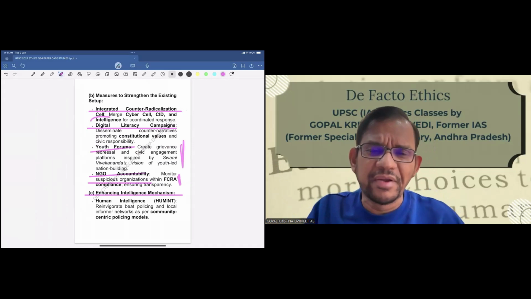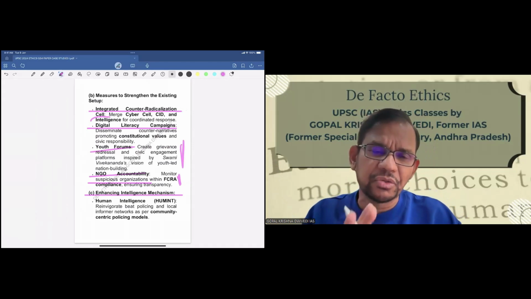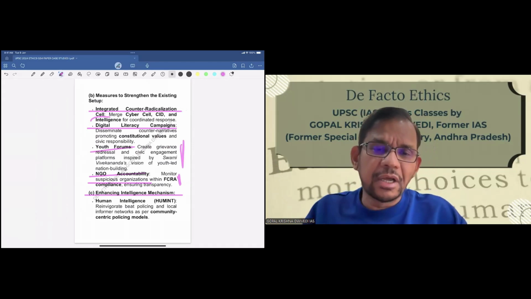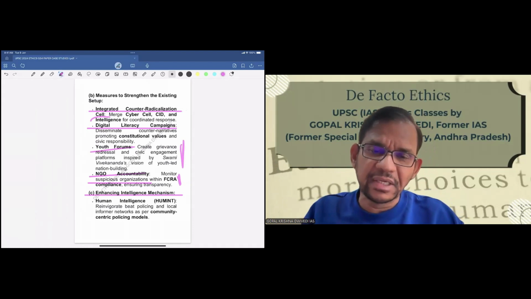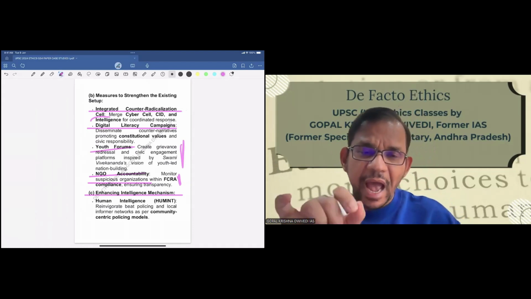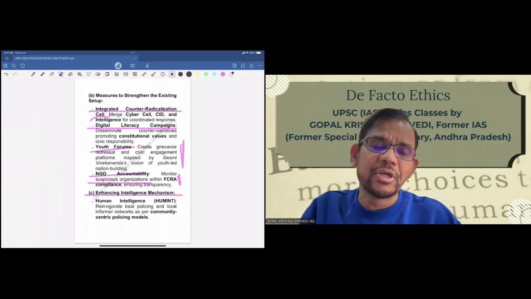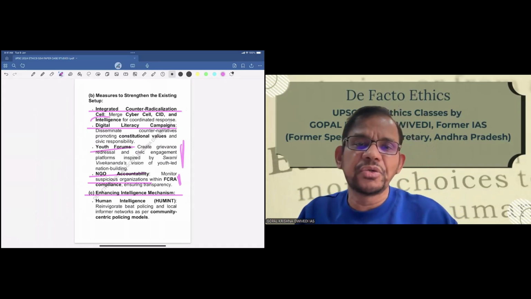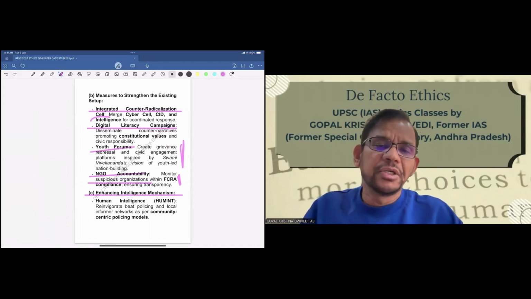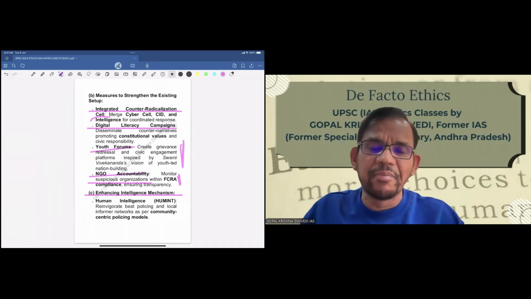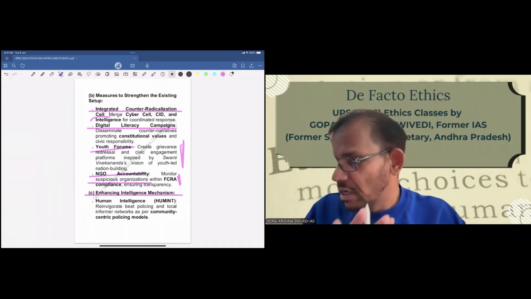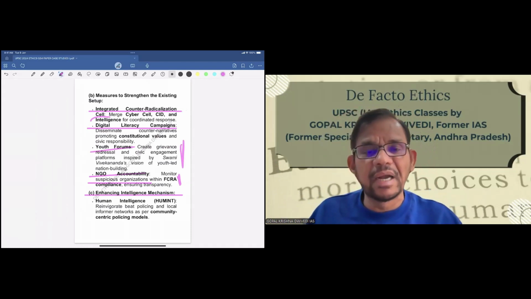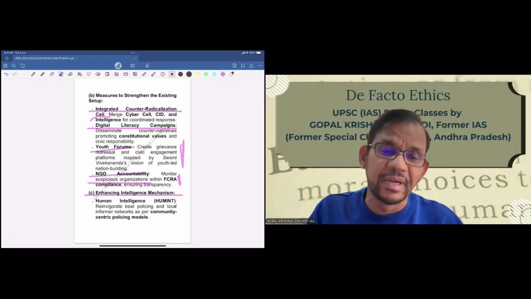You cannot deviate; the directive of this question is very clear, so your answer also has to be to the point, focused. If they are asking about enhancing the intelligence mechanism, you have to reply to that extent only. If in part B they are asking for measures to strengthen the existing setup, you have to reply to that extent only. You cannot write each and everything. So now let us see what can be done by the DGP for enhancing the intelligence mechanism.